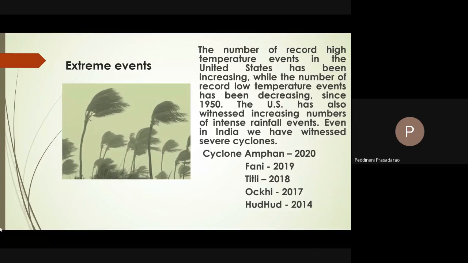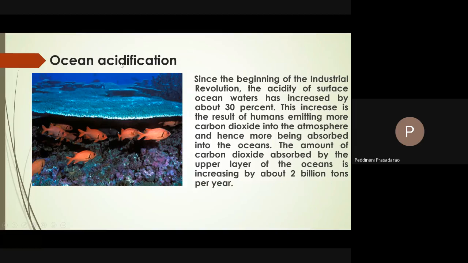And the ocean is also affected because of more and more carbon dioxide in the atmosphere. Some of this carbon dioxide is going into the ocean, and as a result it is acidifying the oceans.